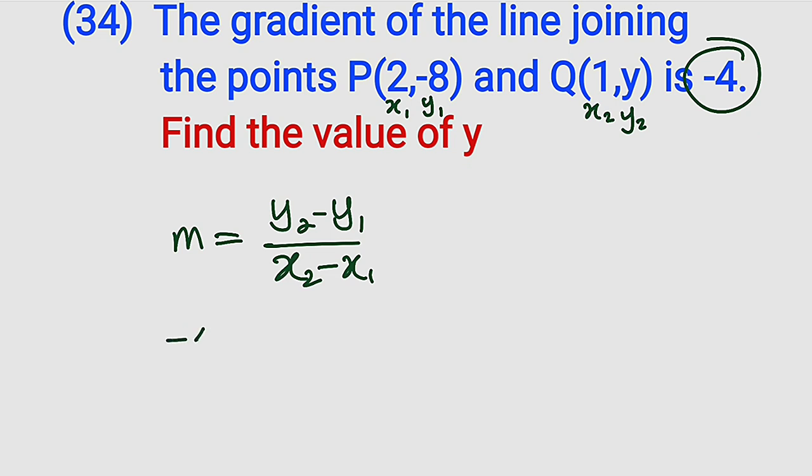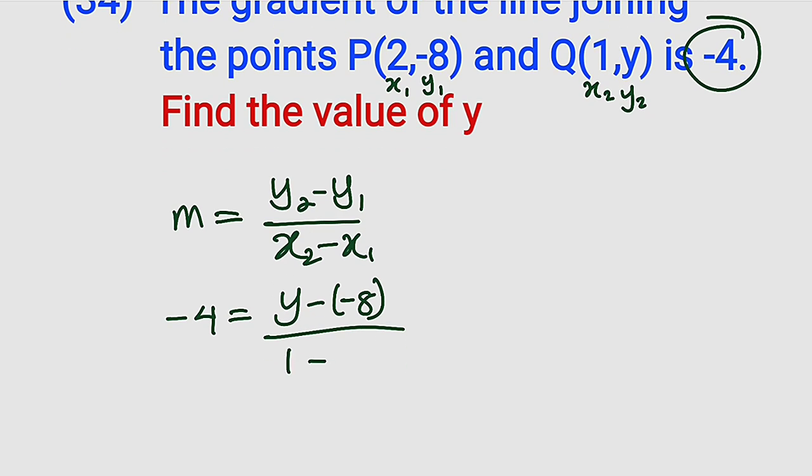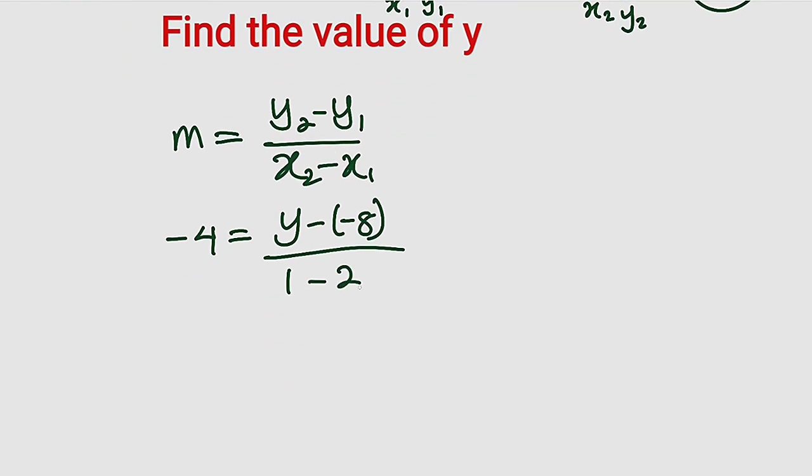So negative 4 for m is equal to y2, which is y, minus y1, which is negative 8, divided by x2, which is 1 here, minus x1, which is positive 2. Negative 4 is equal to y plus 8 divided by 1 minus 2, which is negative 1.